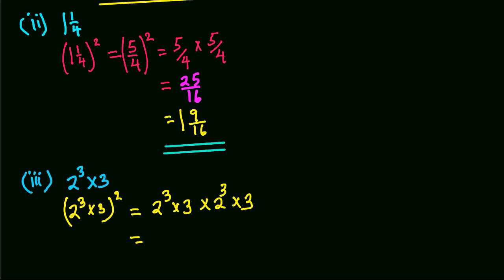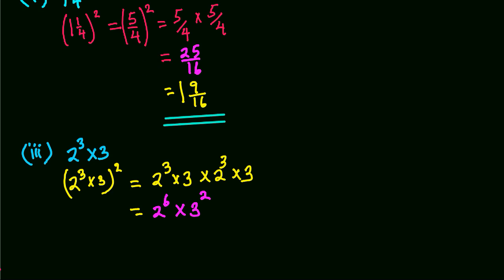So this will give 2 power 6 times 3 power 2. Now it is important to note that the power of each factor has been multiplied by 2.